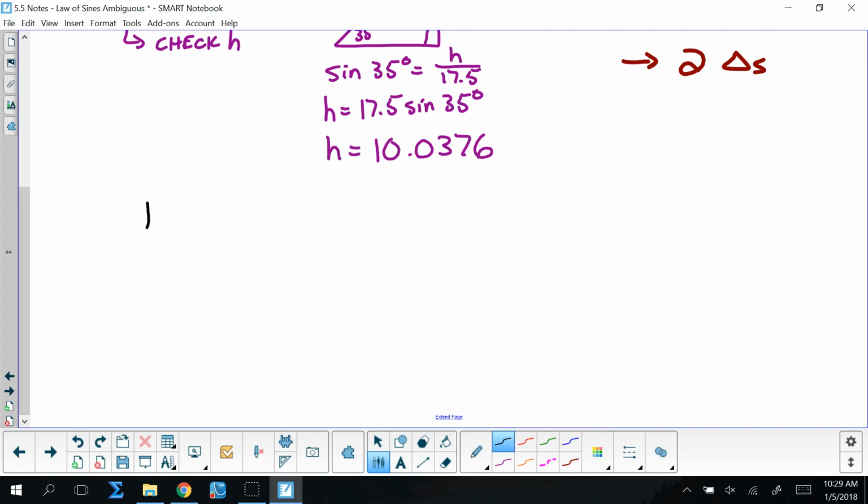So my first triangle and my second triangle.